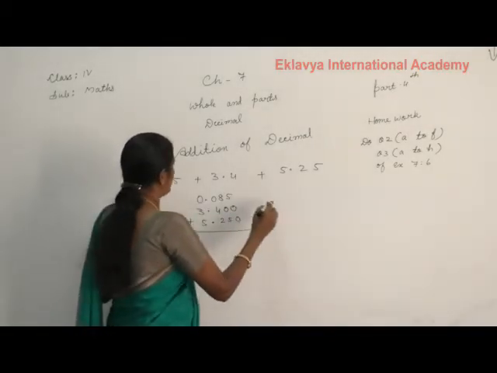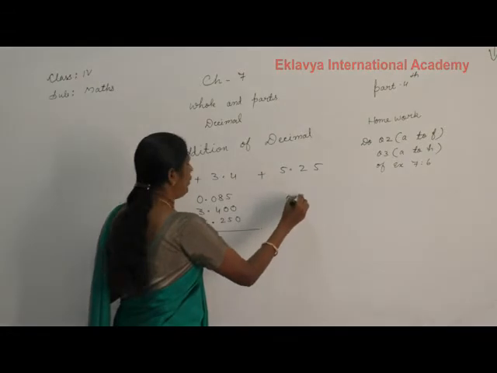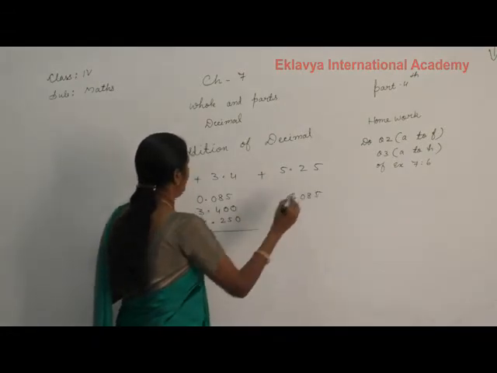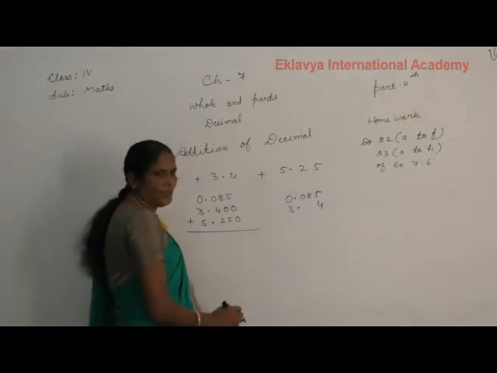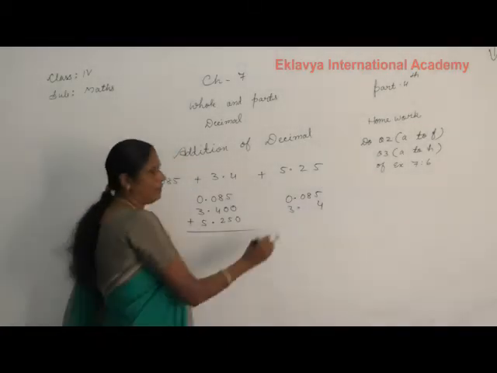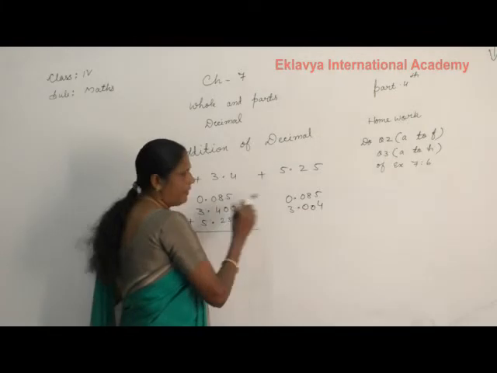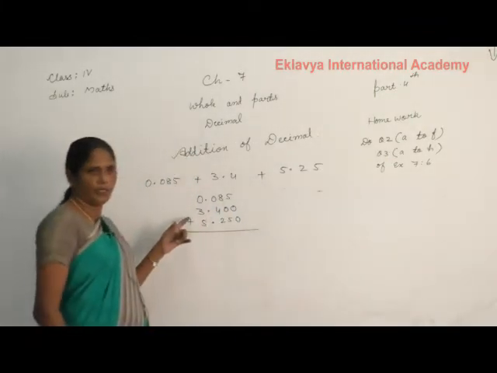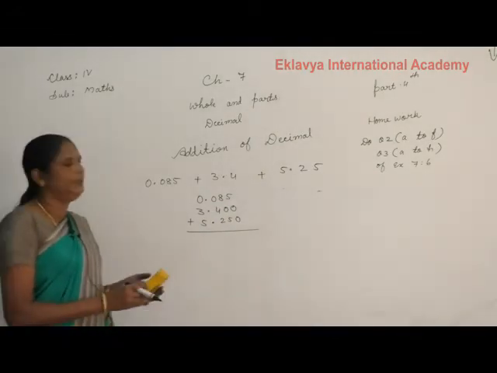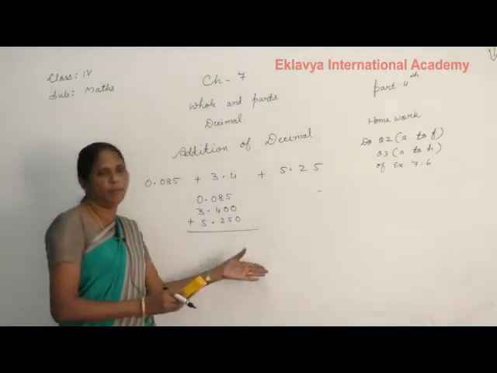Some students write this way, 0.085, then 3.4. This is wrong. You don't put it this way. You write this way. Understand?